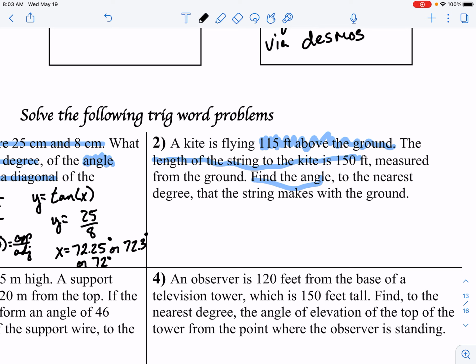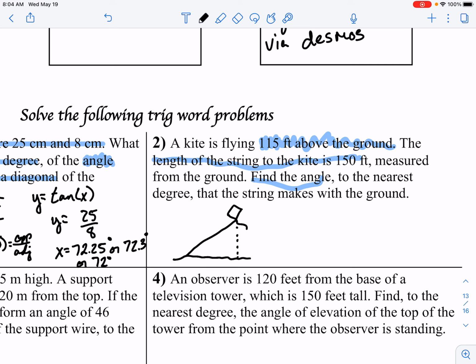So if I think of flying a kite, have a kite up in the sky, you just attach a string to it. If I go directly below it and then you stand on the ground, I have a picture like this.